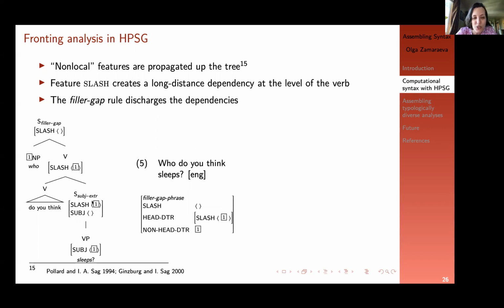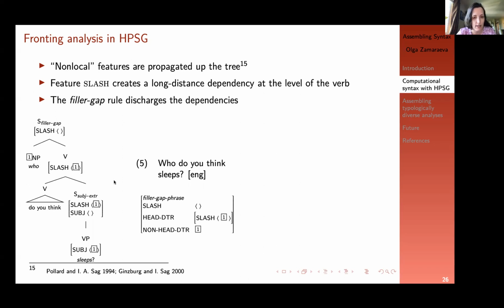And then we can propagate it up the tree, and this is the way that we can ultimately license a fronted subject, because we recorded the information that, okay, we don't have the subject in its normal position, but we still are looking for a subject, and then eventually a subject will be licensed in an appropriate position using the SLASH feature rather than the SUBJ feature as would be the normal case.